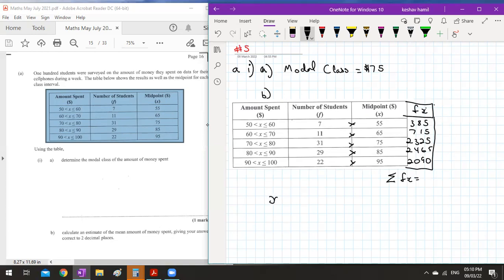Now the mean, x-bar, is given by the formula, the sum of the fx over the sum of the frequency. They gave us how many students it was, so the sum of the frequency will be 100. And the sum of the fx is because we have to add all of these here.